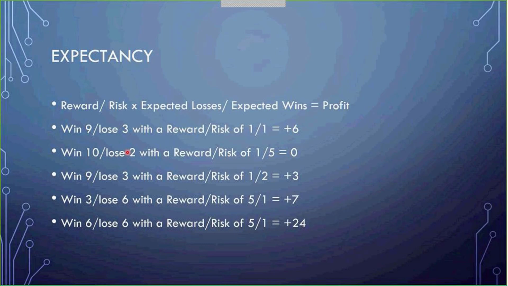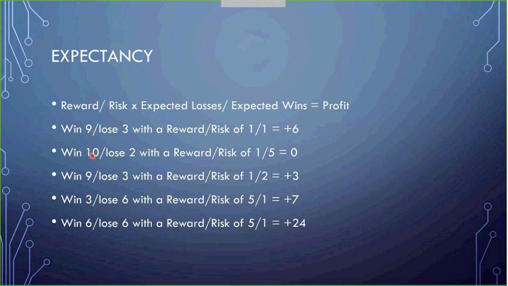But when you did lose 2 times, those losses were huge compared to what you were trying to win. So they had a risk-reward ratio of 1 to 5.